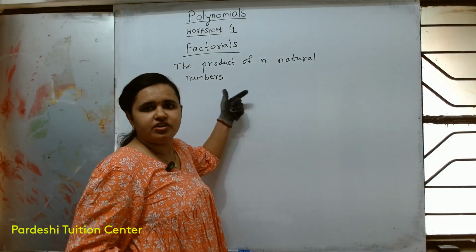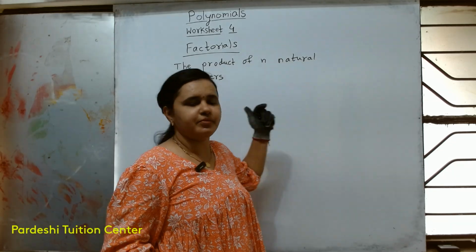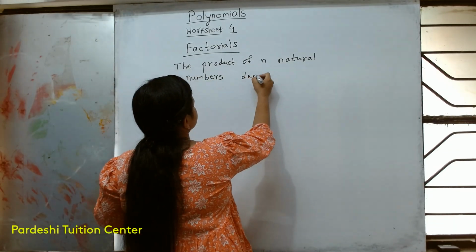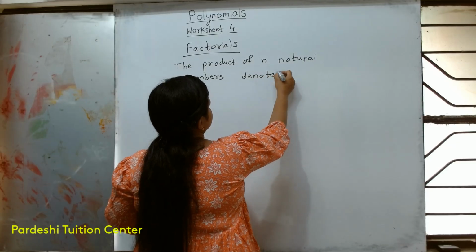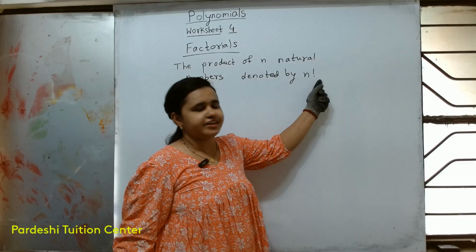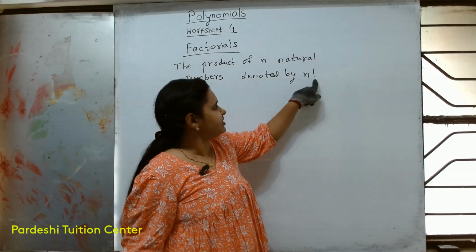Factorial is the product of n natural numbers and it is denoted by n factorial. The exclamation mark is the symbol of factorial.